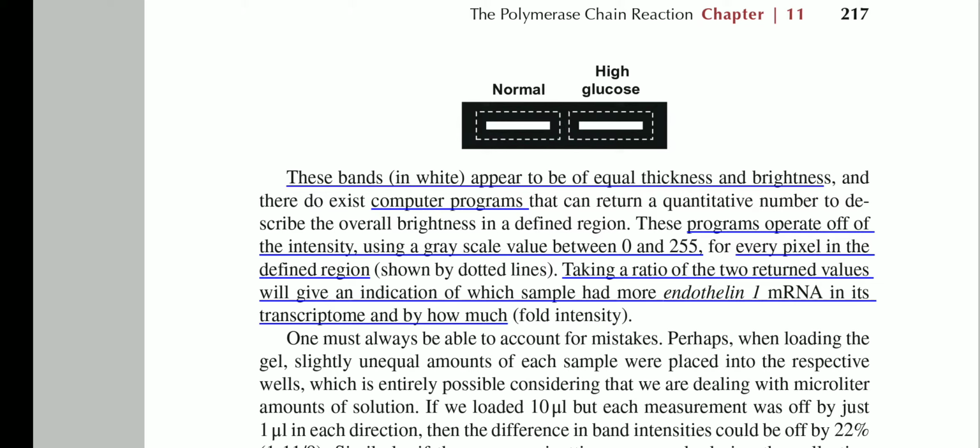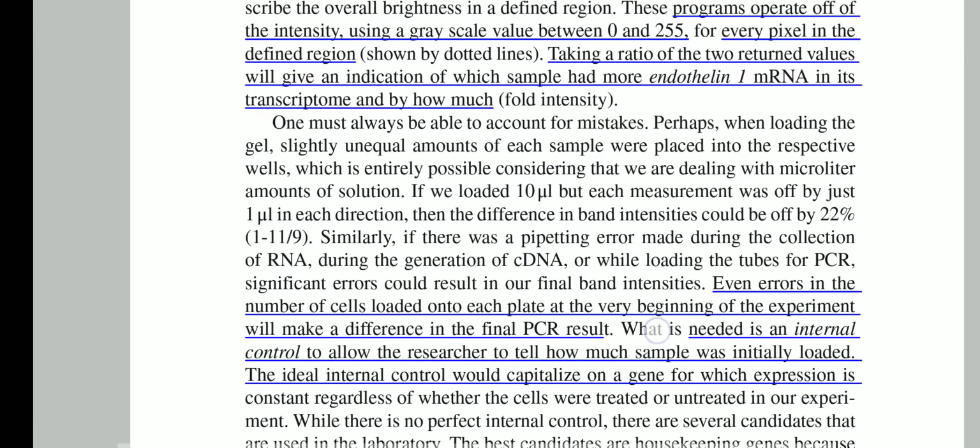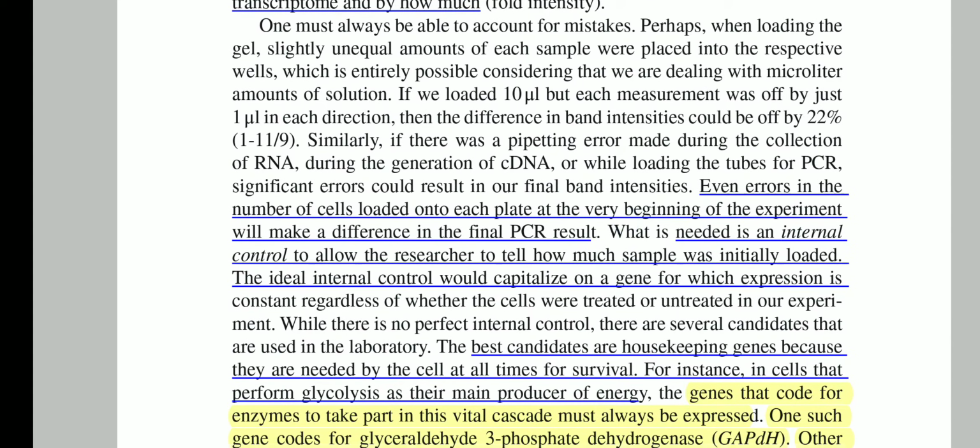To prevent those kinds of errors, we use a sample gene, or what we call a reference gene. For example, some genes inside our cell are continuously expressed, being required by the cell all the time.